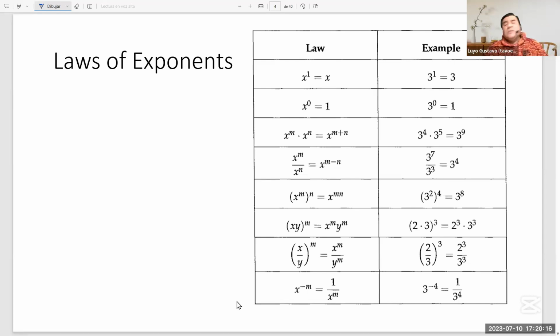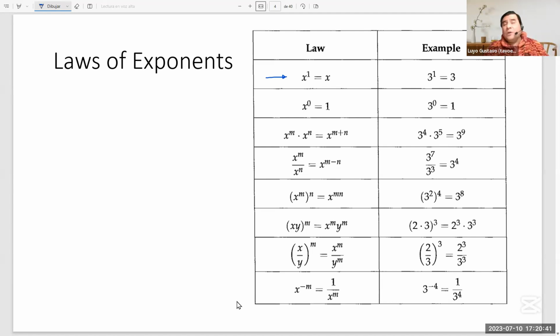Okay, so the laws of exponents are some properties that determine how exponents and also roots behave. For example, one important law is that exponent 1 applied on any number or algebraic expression yields the same value of the original expression.